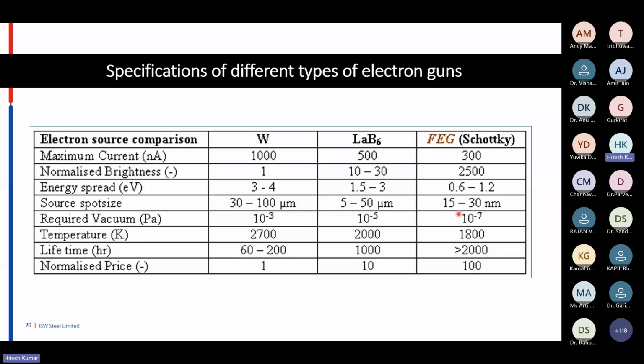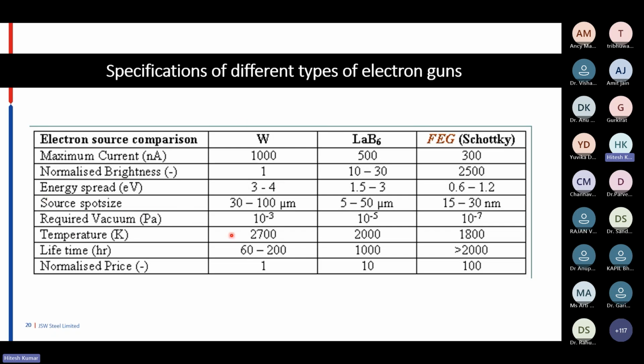Let's suppose you want to see your hair, but the spot size you are using is greater than your hair, then two hairs are combined in one single point. So you are not able to resolve the thickness of one single hair. This is the way the spot size plays an important role.